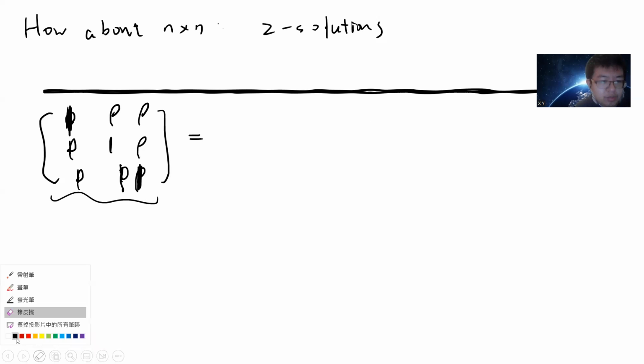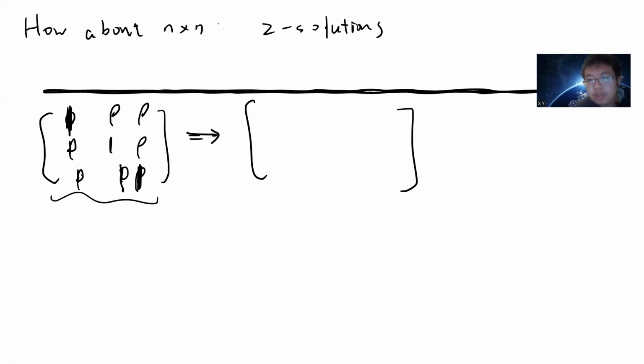One way I would do it is to see that the sum of this is 2ρ + 1, the sum of this is 2ρ + 1, and the sum of this is 2ρ + 1. So I can use Gaussian elimination, sum over all of this and collect it into the left.